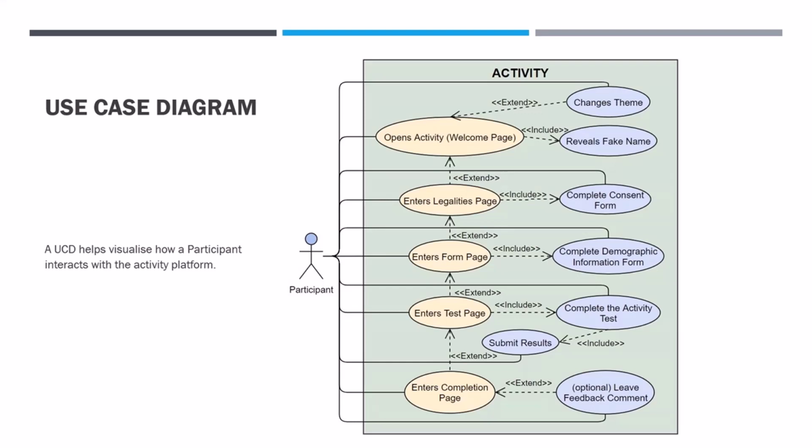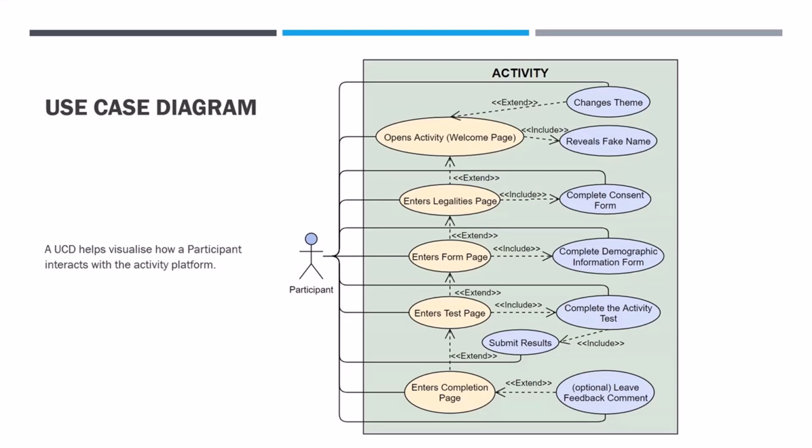Starting from the top, the user first opens the activity welcome page, where they immediately have the option to change the theme from either day mode, light mode, or night mode. Next, the user is given their fake name, which will correspond to all of their data in the database.